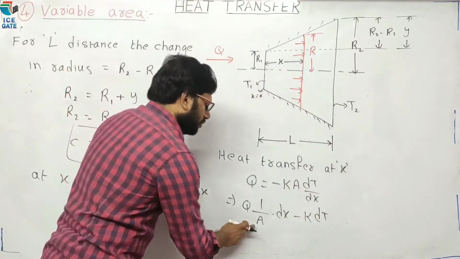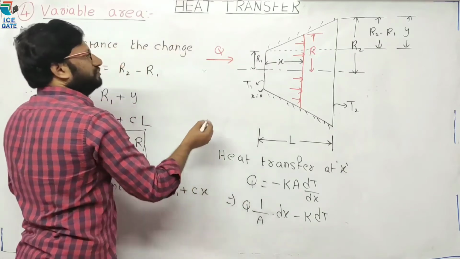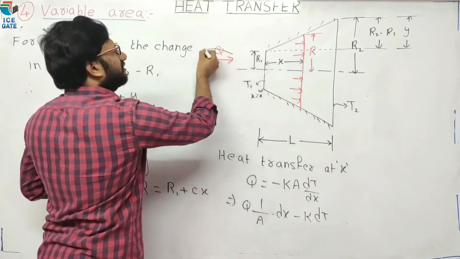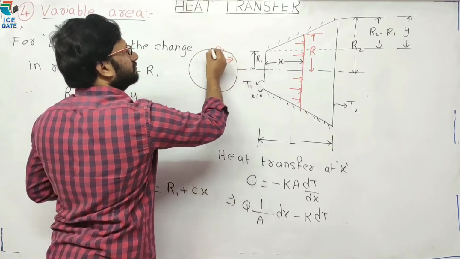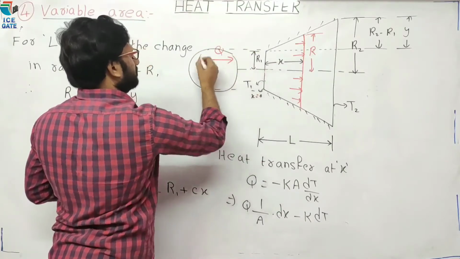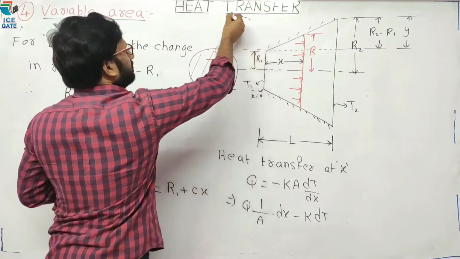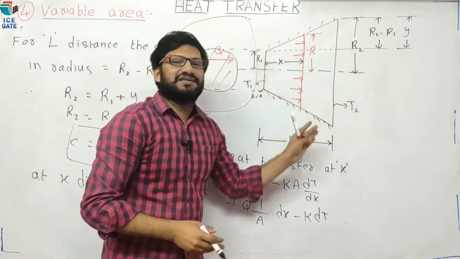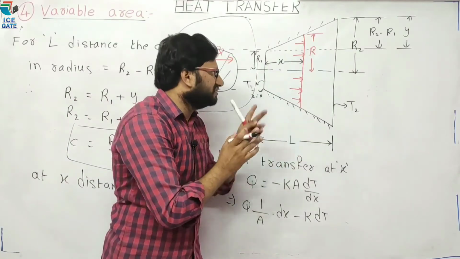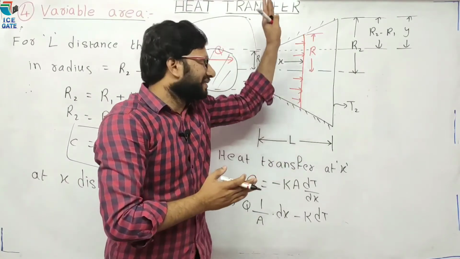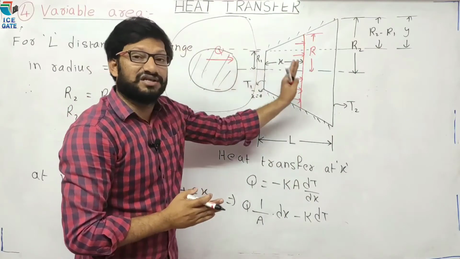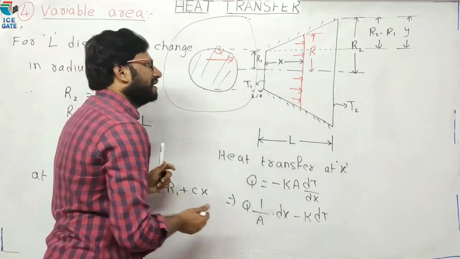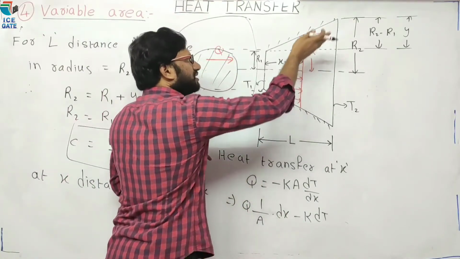Now what is A here? Assume the cross section is circular. Okay, the cross section is in circular shape. Assume for this object the cross section is circular. Now exactly at this, what is the area?